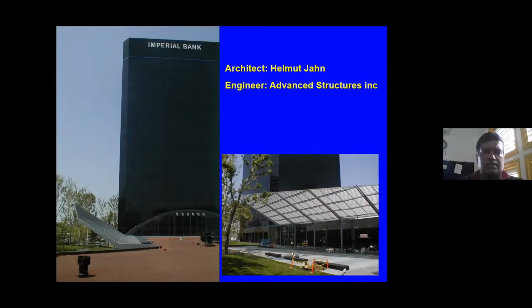This project was for Imperial Bank. It is about a 20-story building, and there was another 1 or 2-story building here, 20 feet tall, and we were supposed to connect these two buildings by a corridor lobby.